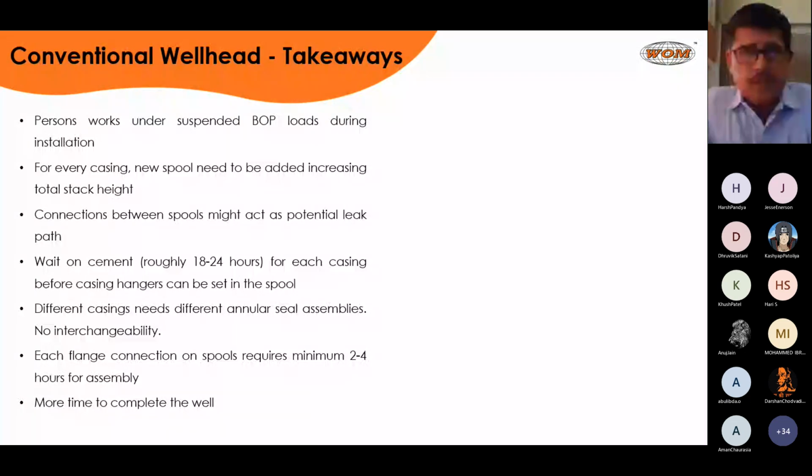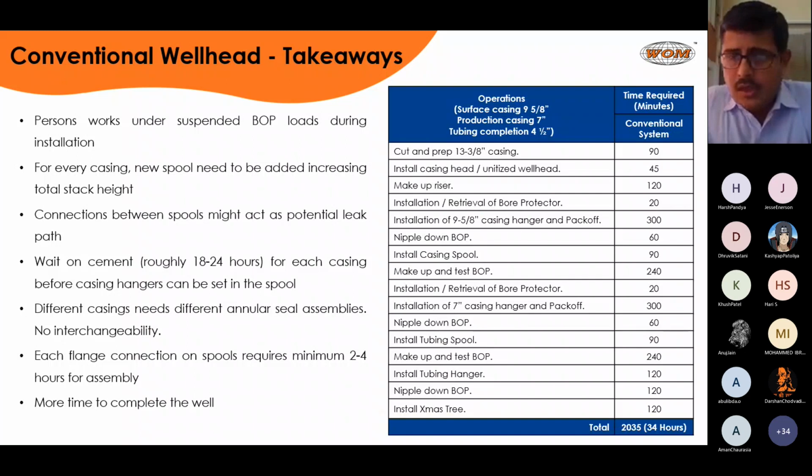If you sum everything up, you can understand how time consuming it is, particularly with the conventional wellhead. It is going to take a lot of time to complete a well. The table here shows the exact timing required for installation of only the wellhead part.